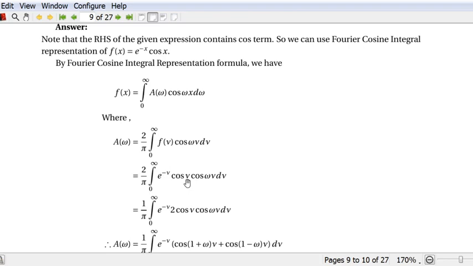Substituting, when we use this e raised to minus nu cos nu cos omega nu d nu, it's a product of 3 terms. We have to bring it into a sum of 2 terms, then only we can apply the e raised to ax cos bx result. So I put this inside the integral: e raised to minus nu into 2 cos nu cos omega nu d nu, within the limits 0 to infinity.